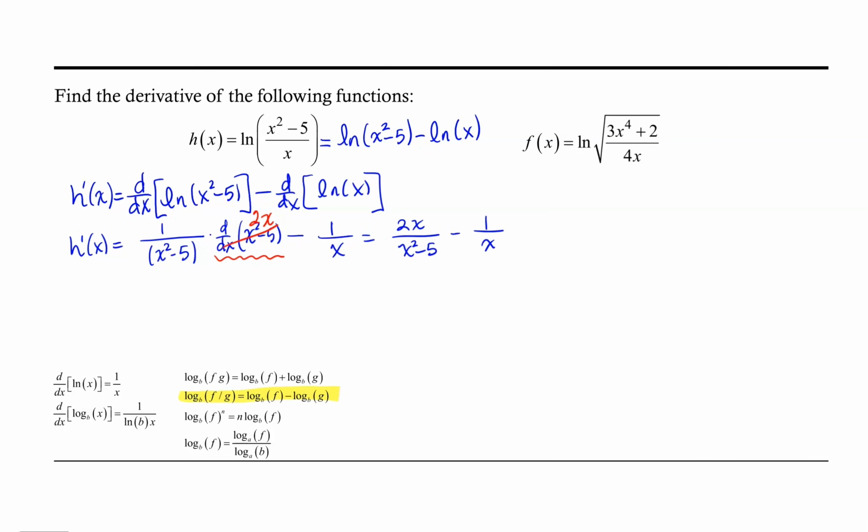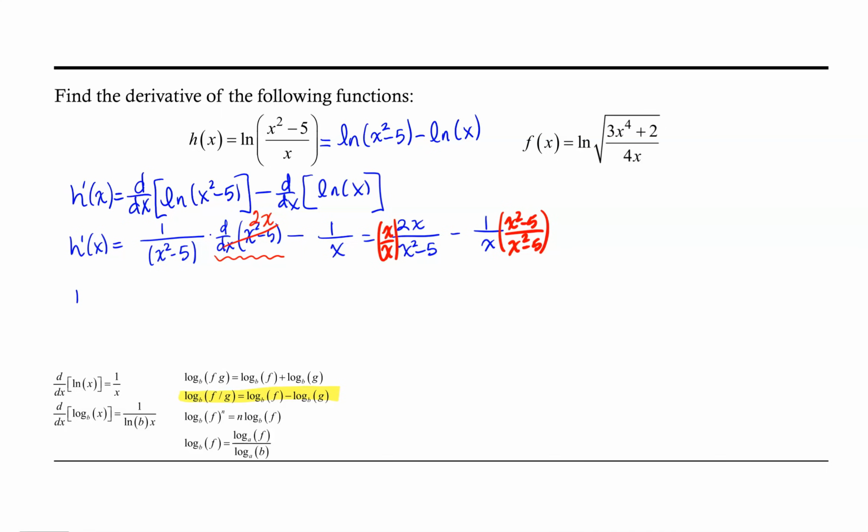Now if I get a common denominator, I'm going to multiply the 2x over x squared minus 5 by x over x. And I'm going to multiply the 1 over x by (x squared minus 5) over (x squared minus 5).